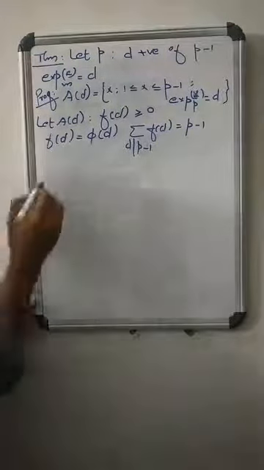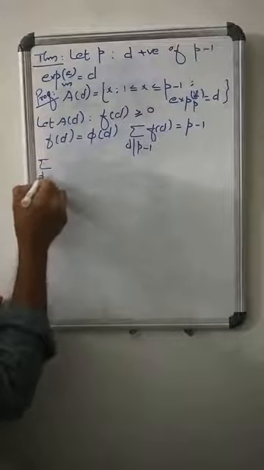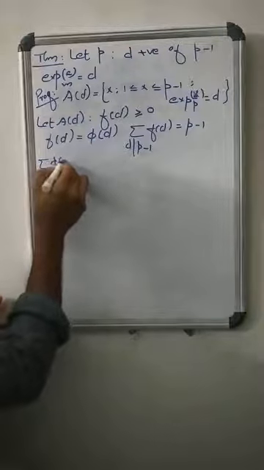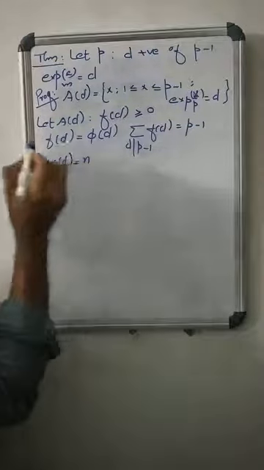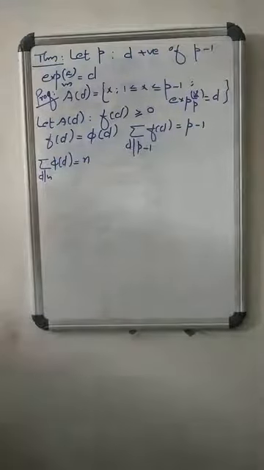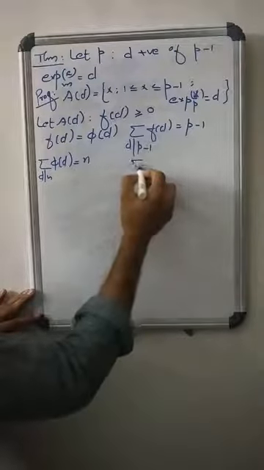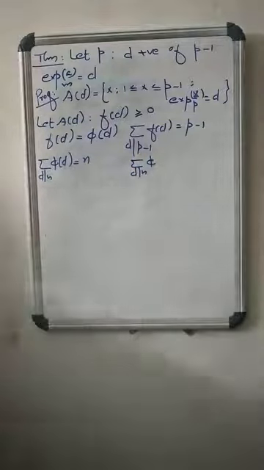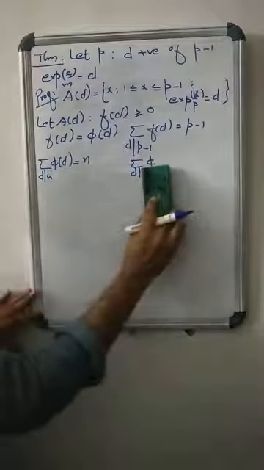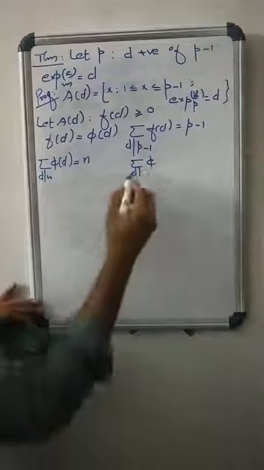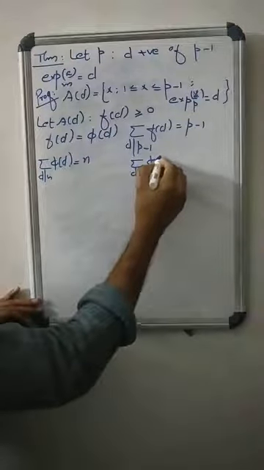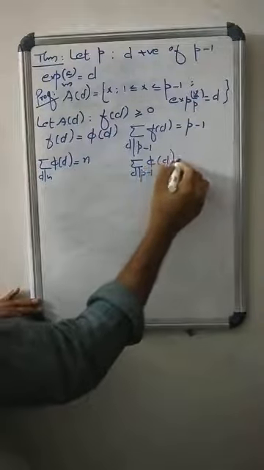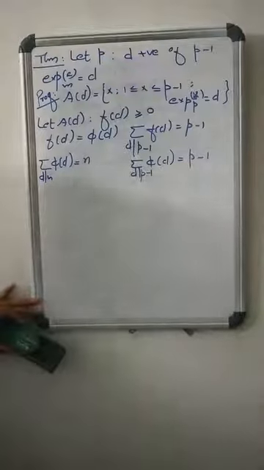But we already know an important result: the sum over D dividing n of phi of D is n. Here, instead of n, it is P minus 1, so the sum over D dividing P minus 1 of phi of D equals P minus 1.